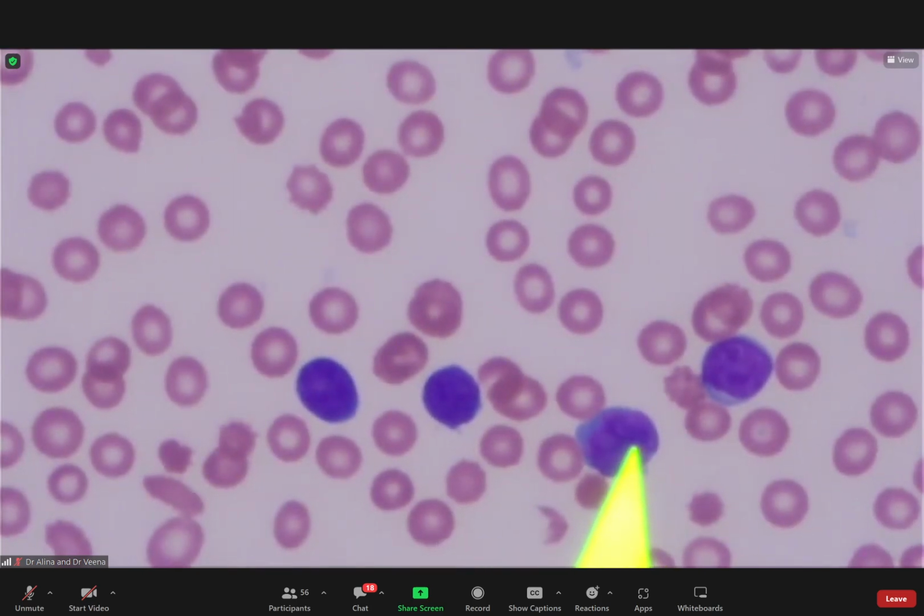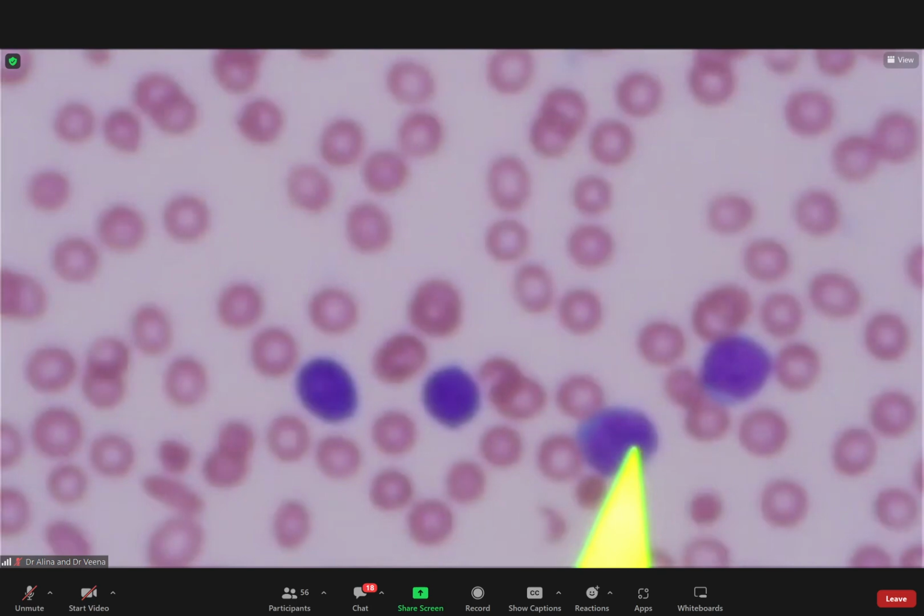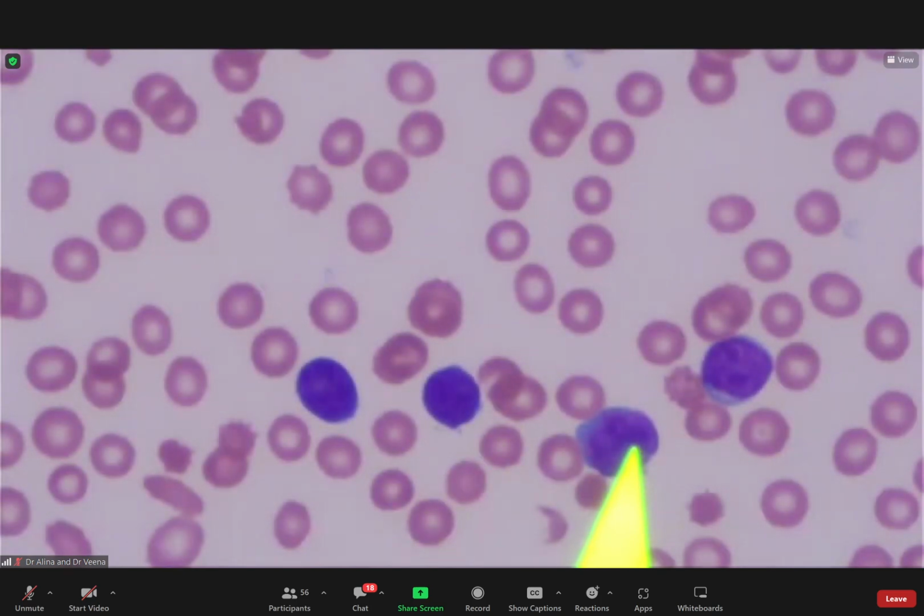These are blasts, it's open chromatin. They're slightly bigger also as compared to your lymphocytes. That should raise your confidence level to suspect that yes, this is consistent with acute leukemia.